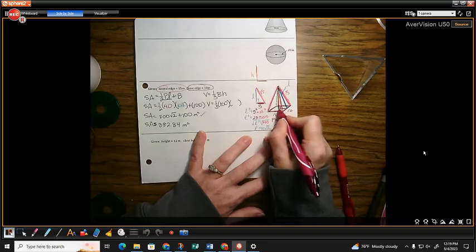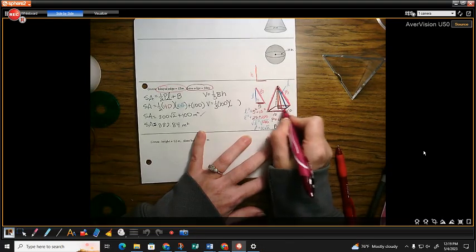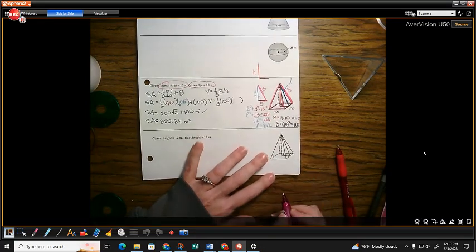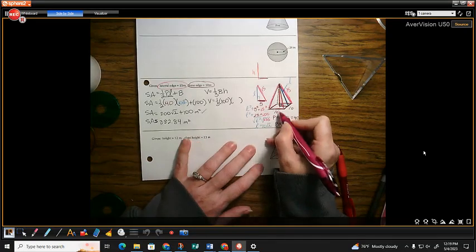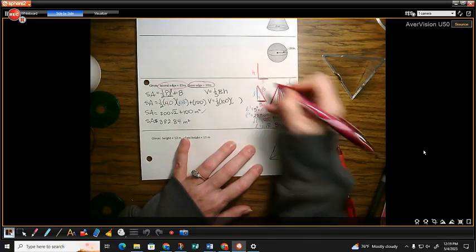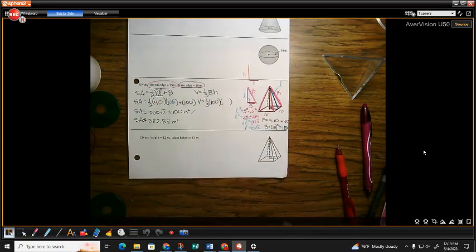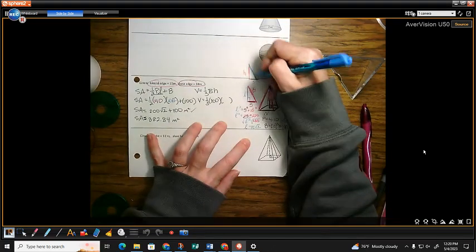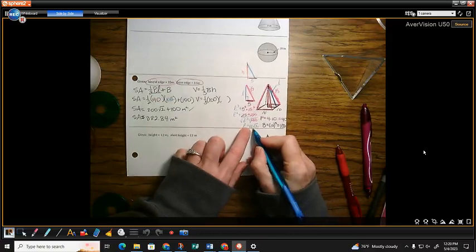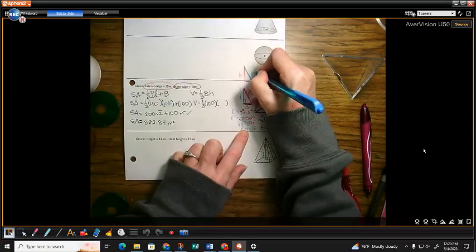What is this apothem distance right here that goes out to the edge? In this case, in a square, it's half the side, so that'll be 5. And then what is the hypotenuse of that triangle? It's your slant height. How big is your slant height? 10 root 2. We already found it.